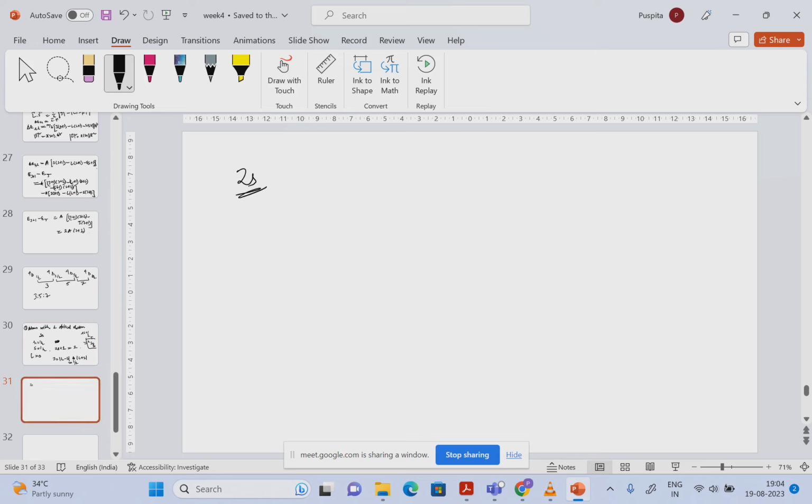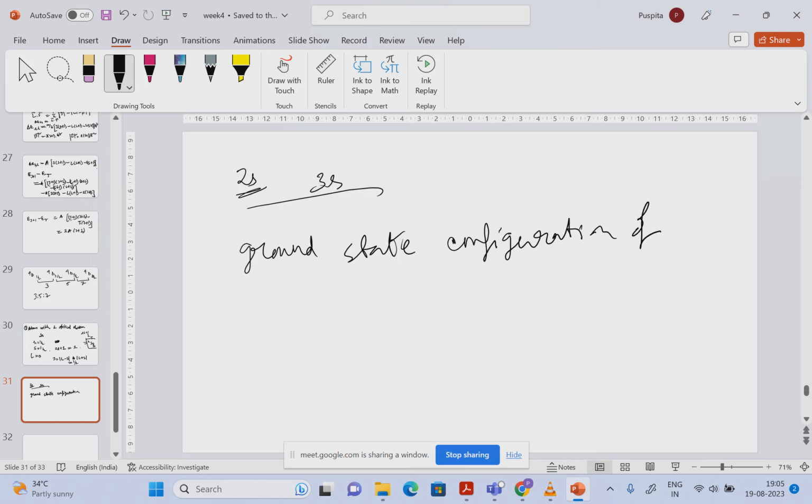Similarly, 2S will be the same, 3S will be the same. Like for the ground state configuration of lithium, 1s square 2s.